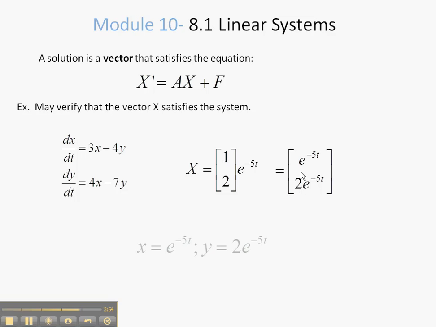In this case, really what I'm saying is that if I let x be e to the minus 5t, and I let y be 2e to the minus 5t, then each of these two equations will be satisfied if I check. Find the derivative of x, put it here, 3 times x minus 4y, the equal sign should be satisfied. Same thing with the second equation.